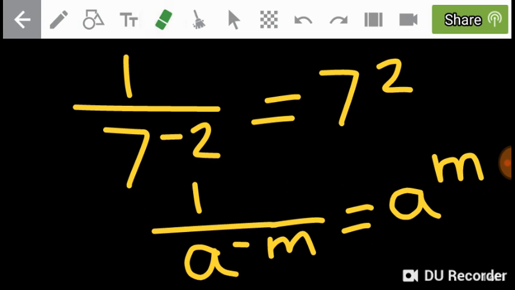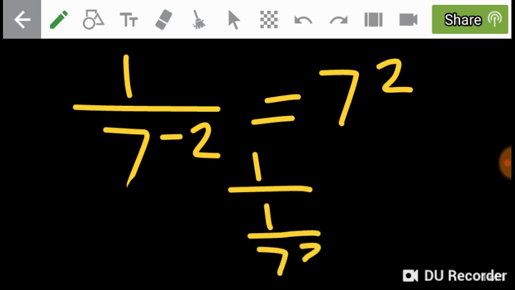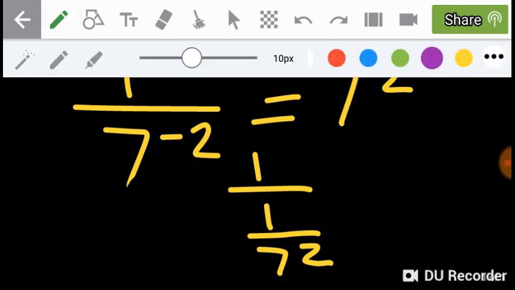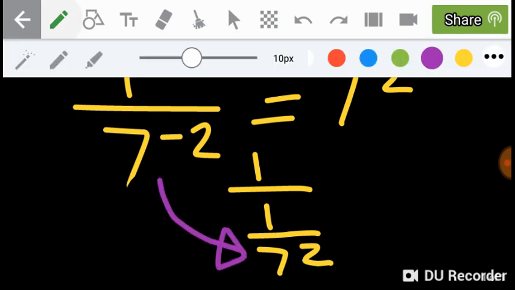Well, let me show you that in a very simple way. The rule is 1 divided by 1 by 7 square, right? That is the real rule that we have learned, converting the negative exponent into a positive exponent by using the power rule.